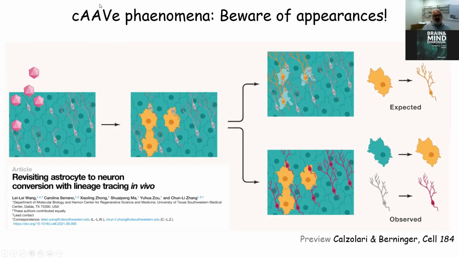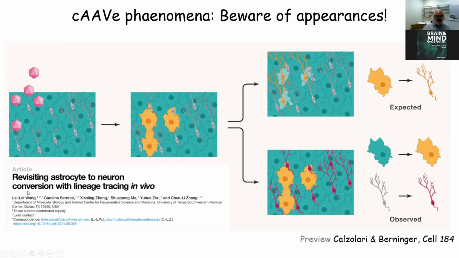However, it turns out that there's a technical flaw in the system, which actually is not fully understood. So AAVs somehow, even though they can be tailored to be expressed in glial cells initially, depending on exactly what you put into these AAVs, seem to eventually become active also in endogenous neurons. And then you may think that these were actually induced neurons, but in fact these are endogenous neurons.